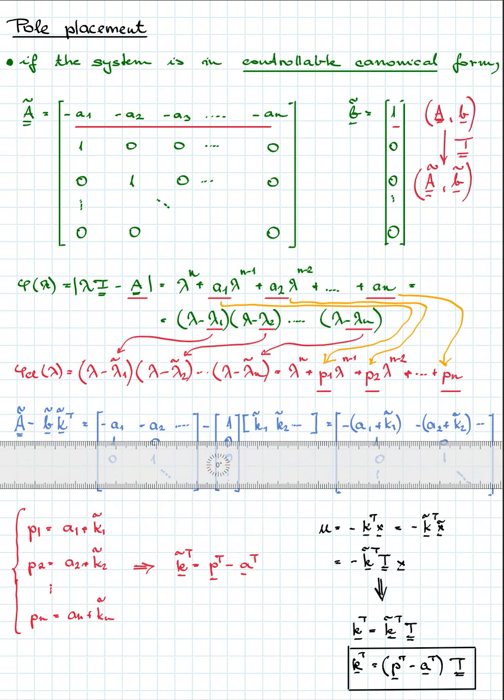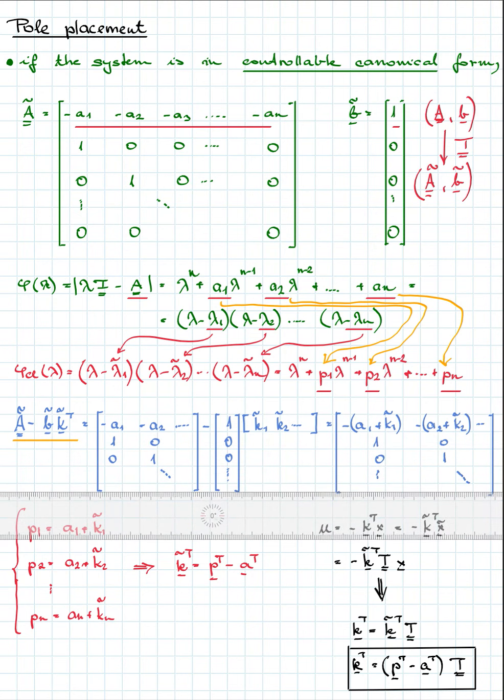This is the closed loop system, A tilde minus B tilde K tilde transpose. In this, K tilde transpose is not known. We would like to obtain these values in such a way that this matrix A tilde minus B tilde K tilde transpose has the eigenvalues lambda 1 tilde, lambda 2 tilde, etc., lambda n tilde.